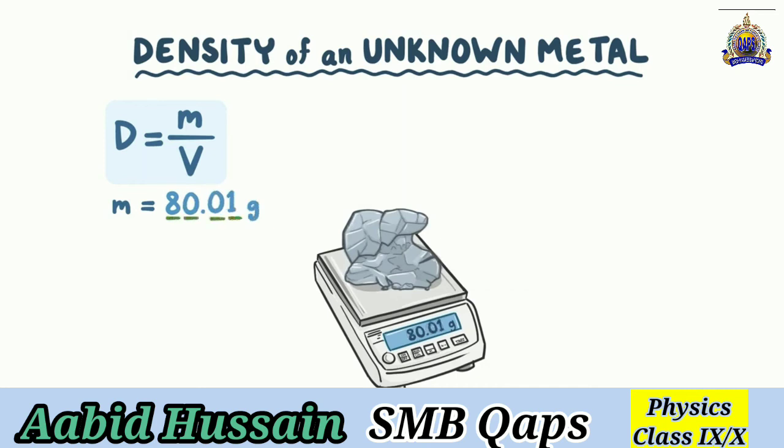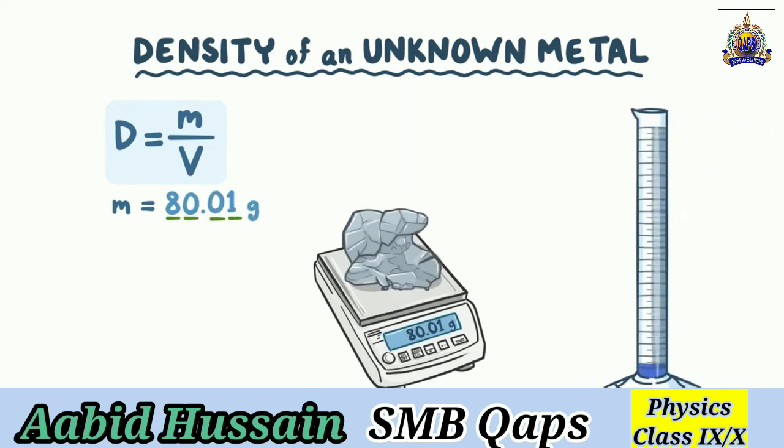Like we have a piece of metal with a mass of 80.01 gram. Take a liquid volume of 20.00 ml, and we take the piece of metal and drop it into the cylinder.